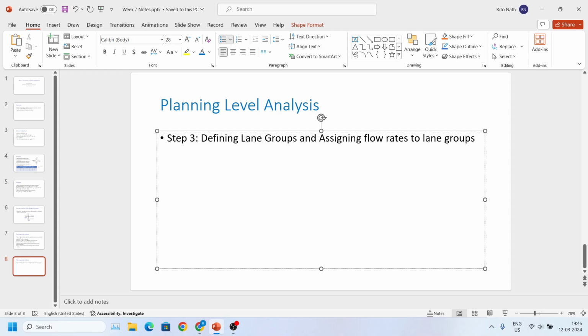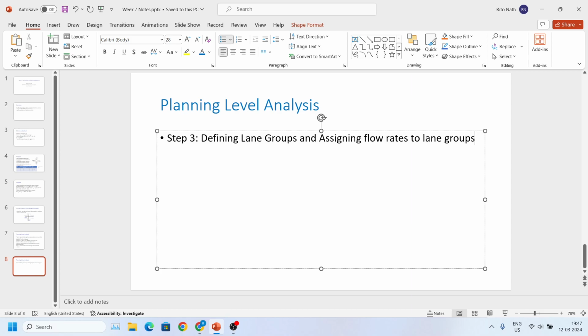Here again, the lane groups and the movement groups are not different. This discussion I think happened before in one of the weeks. In lane groups, you have to consider whether there are exclusive turning lanes or not, so left turn only or right turn only lanes can be separate lane groups, and the remaining lanes can be combined, like through only lanes and some shared lanes and so on.